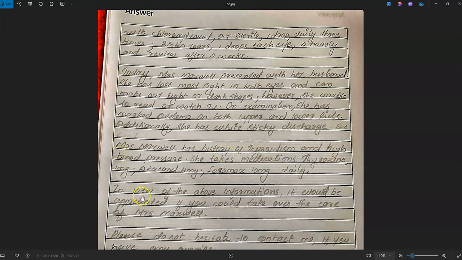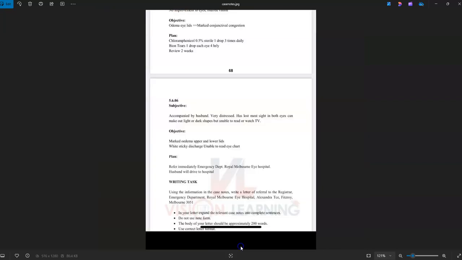But you need to beef up this final purpose. It would be appreciated if you could take over the care of Mrs Maxwell. It doesn't really say much here that it wants you to actually do. This is what I keep saying, only use authentic OET materials. Because with this writing task, if you look at the official ones, it usually tells you more about what they want you to actually do.